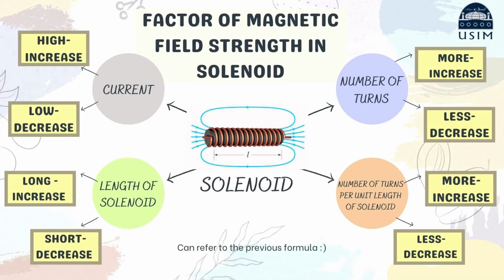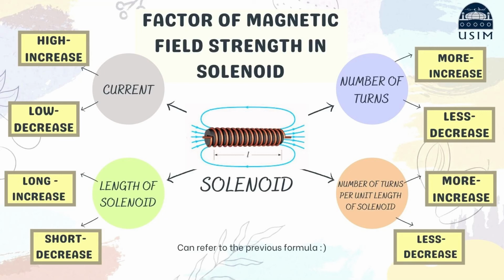The third one is the number of turns. When the number of turns is more, the magnetic field strength in solenoid increases, and vice versa for the less number of turns, the magnetic field strength in solenoid will decrease. And finally, the number of turns per unit length of solenoid, which is represented by the symbol small n.